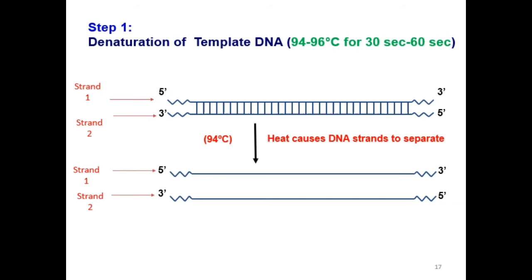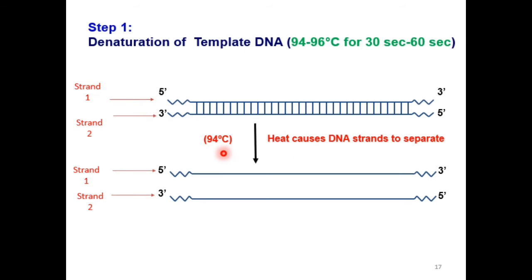So let's have a deeper look at how all these are working. In the first step, which is the denaturation of the 2 strands of the starting DNA, there will be a separation of the 2 strands of the target DNA.